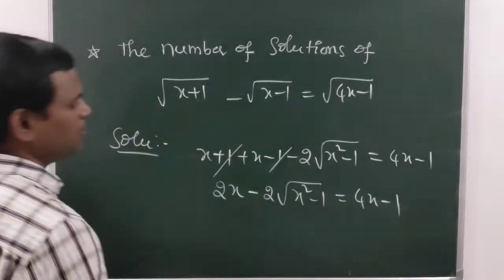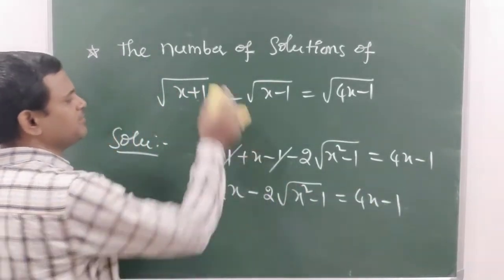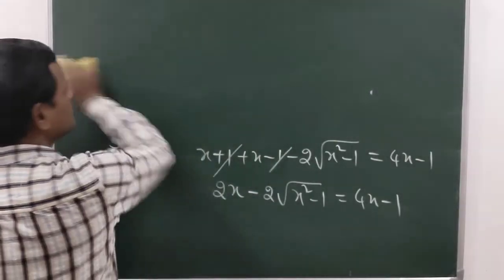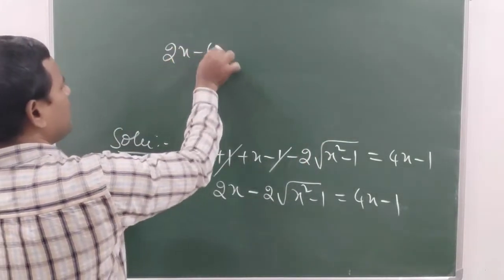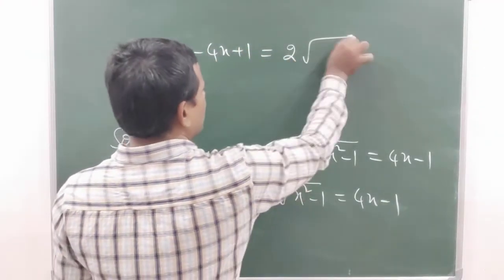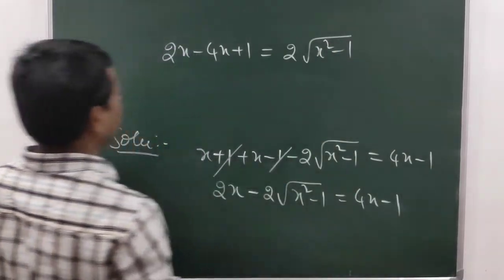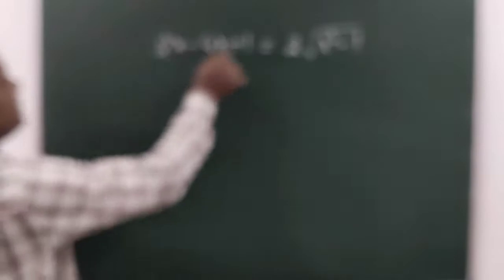In the next step, transfer these two terms to the left side and shift this one to the right side. 2x minus 4x plus 1, which is equal to 2 into square root of x square minus 1. Simplify that.